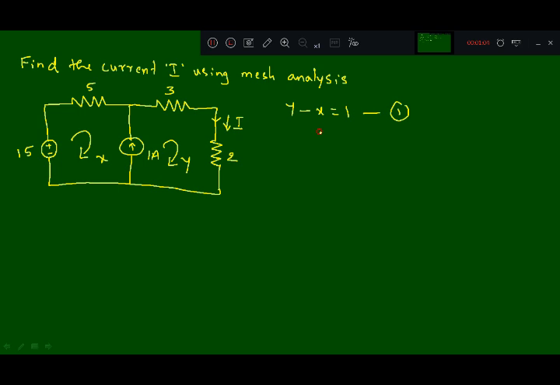Then apply KVL to the super mesh. This is the super mesh.